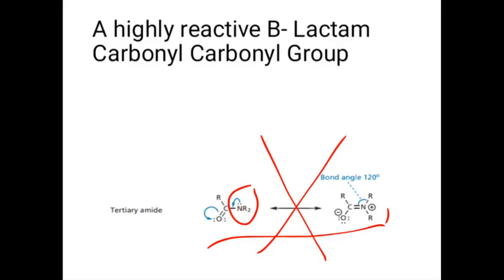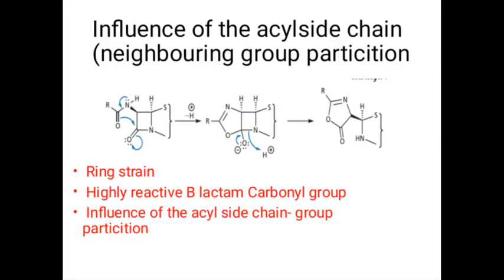That would result in forming a double bond within a 4-membered beta-lactam ring, constrained to 90 degrees. When you check the structure, you discover that it is 90 degrees and not 120 degrees. Okay, so this process is impossible. Then the influence of the acyl side chain, neighboring group participation. Okay, in other words, it goes through self-destruction.